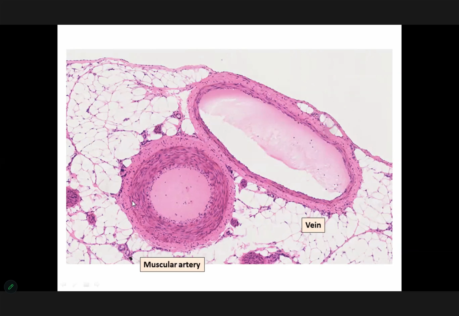This is why all the smooth muscle cells are contracted and the smooth muscle tissue contracts the underlying internal elastic lamina. This is why it becomes so contracted, so wavy looking.